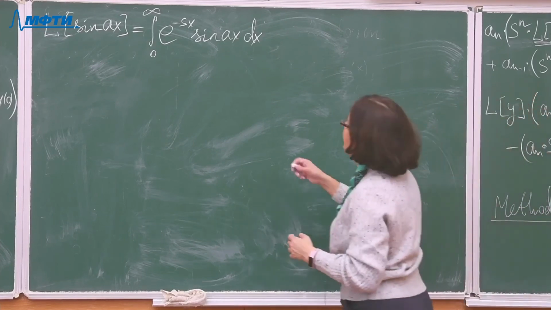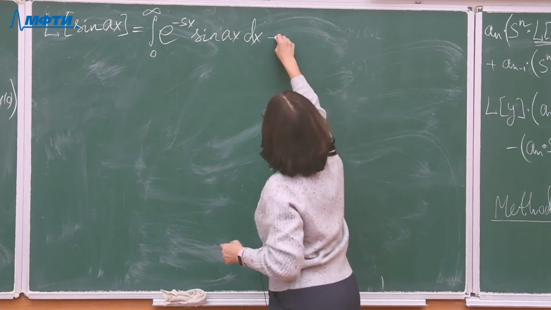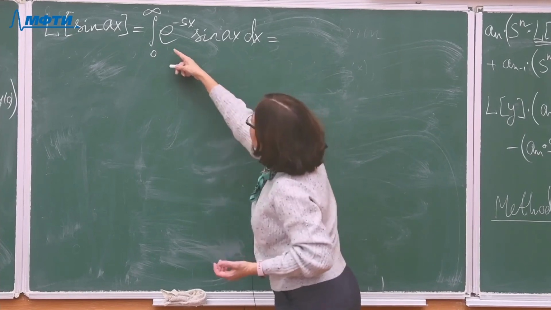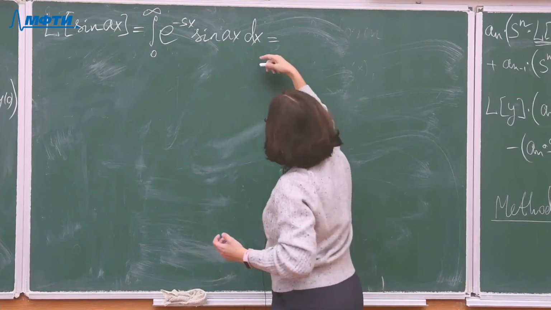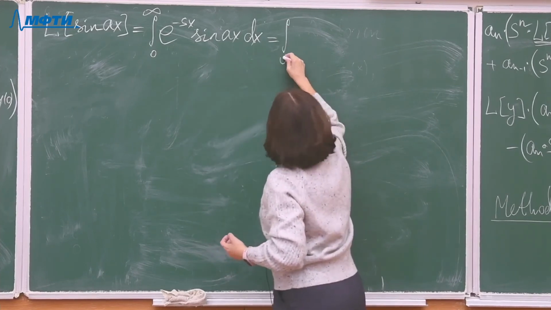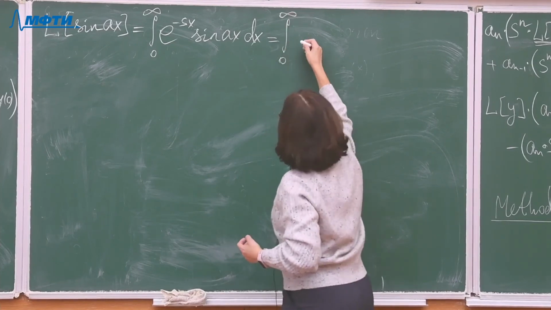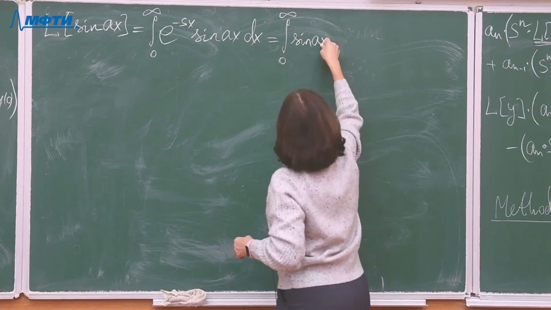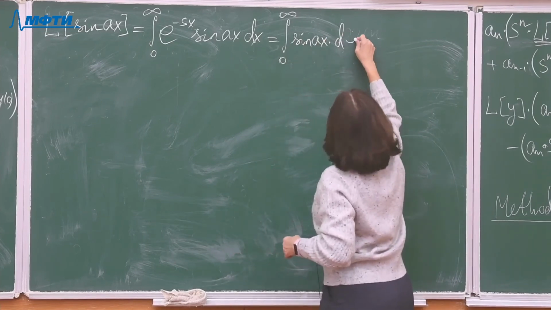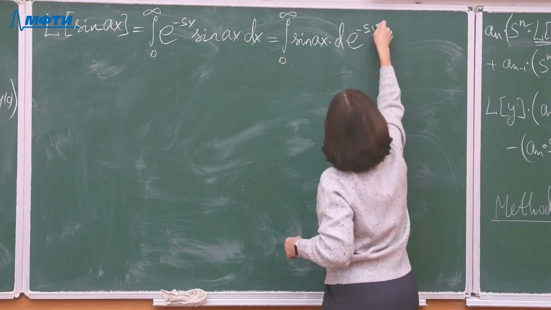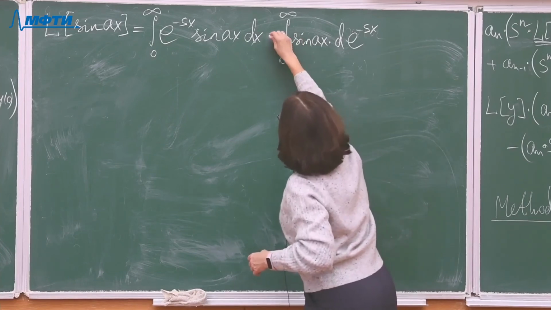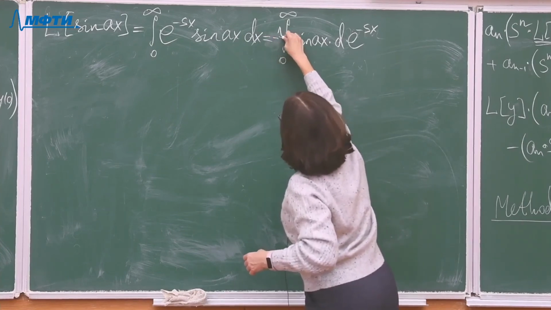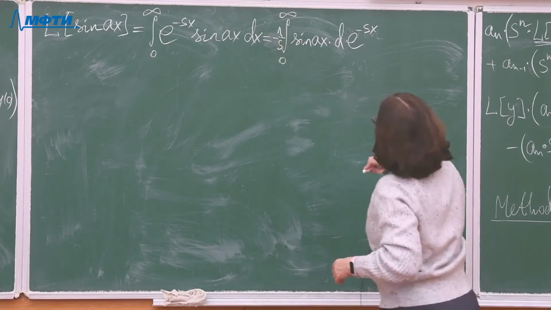Let's move e under the differential, it doesn't matter, but I will do this. It would be sine ax times d of e to minus sx, and minus 1 over s here.